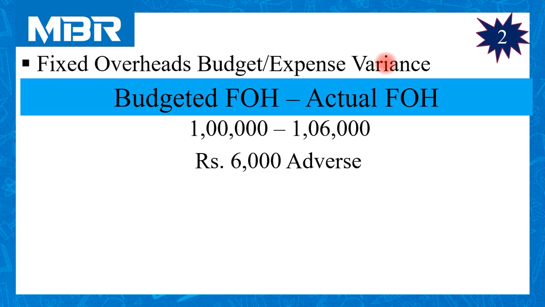So we have paid rupees 6,000 more than the requirement. So the difference is rupees 6,000, referred to as adverse difference. It is a negative difference. With this, our second fixed overheads budget or expense variance comes to an end.